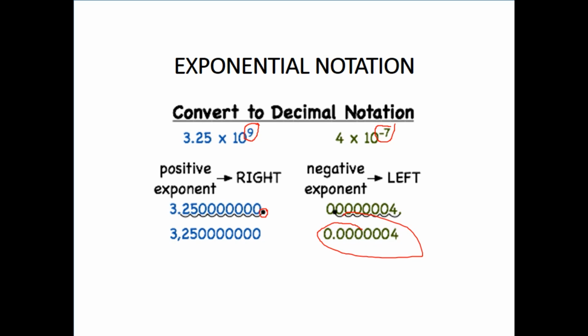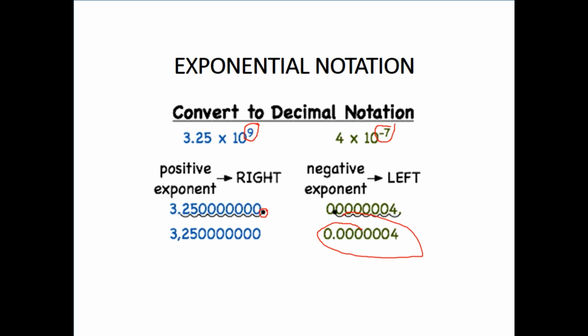First, we have this one: 3.25 times 10 raised to the power of 9. To convert this to decimal notation, look at the exponent of 10. Since we have 9, we will look at the point in 3.25, which is between 3 and 2.